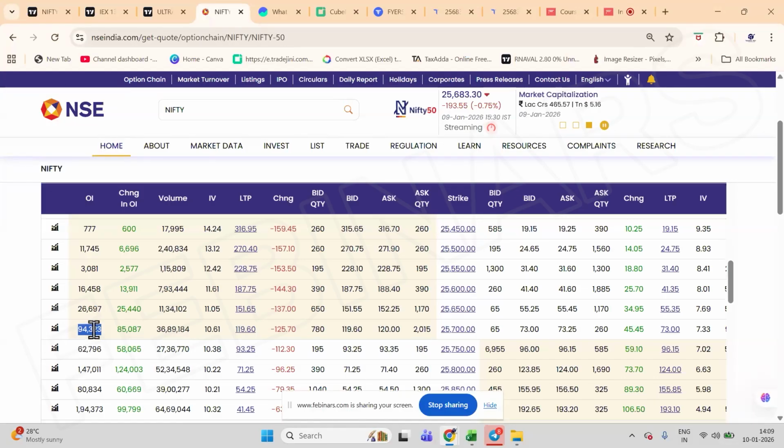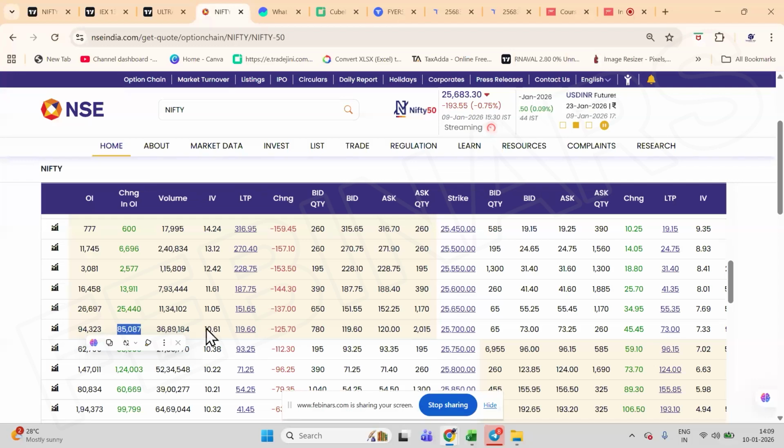Change in open interest is basically 85,087. So there is a lot of change in open interest that has happened.